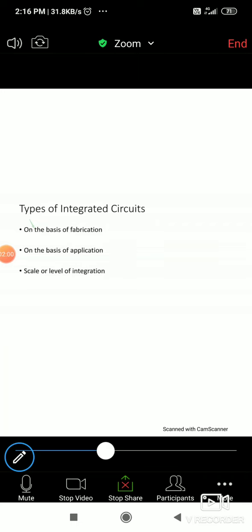Here mainly these ICs are classified based on fabrication, application, and integration. Based on the fabrication, there are monolithic ICs and thick film and thin film hybrid ICs.